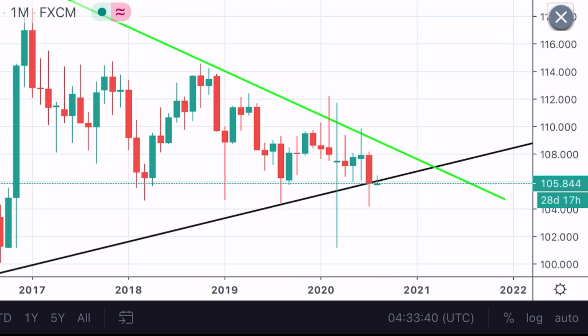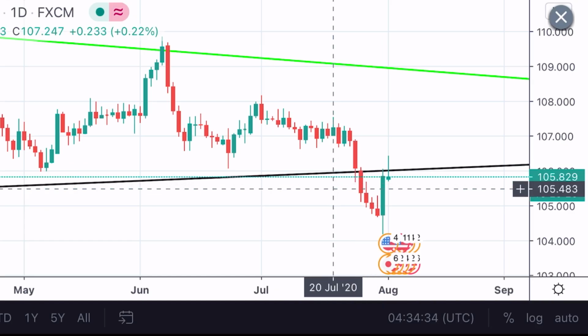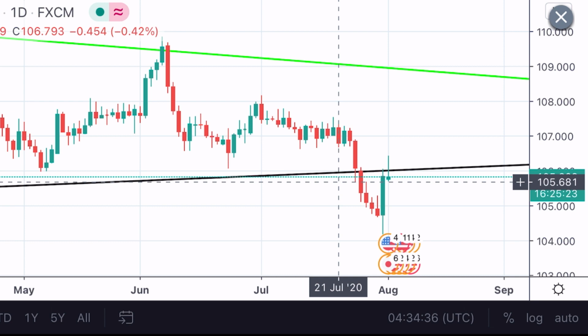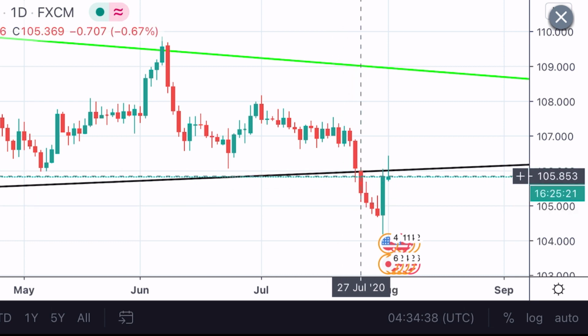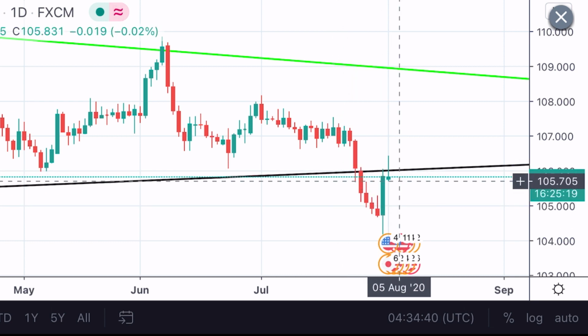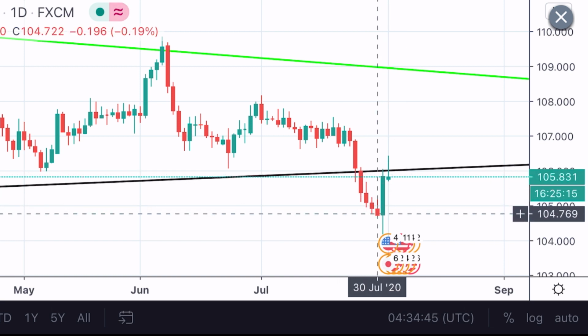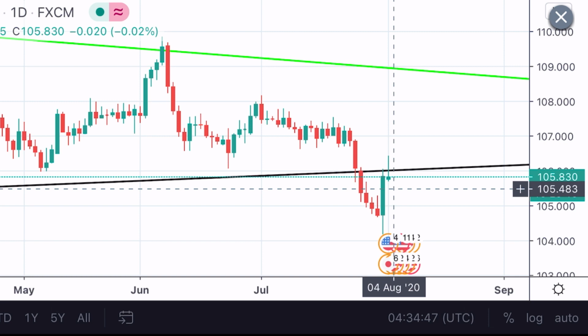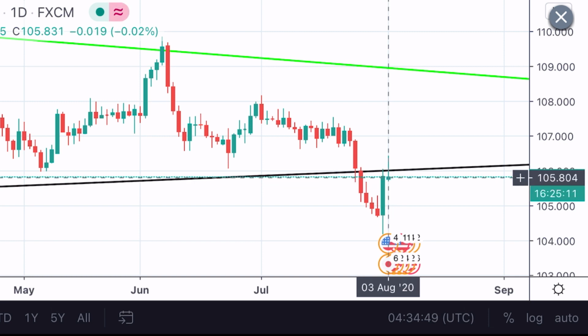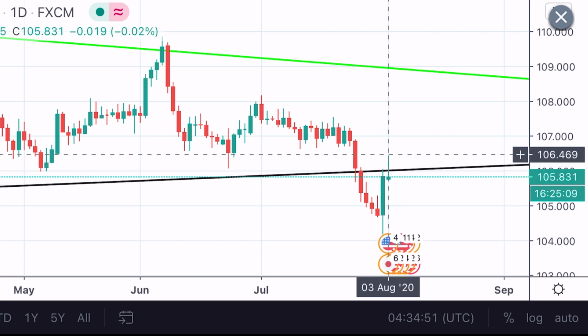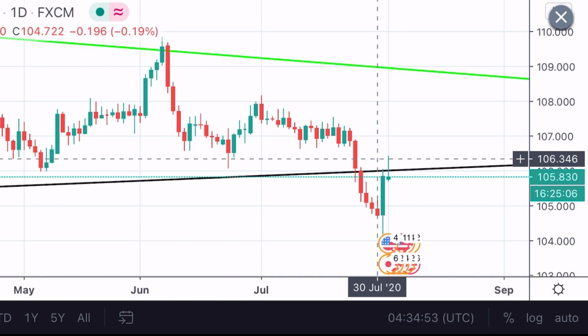The price kind of recovered, as you can see here, right? And now I want to take you to the daily time frame so you can get a clearer understanding of this chart. Alright guys, we're looking at this one on a daily time frame now. We have the breakout, and then this very strong bullish candlestick close on Friday, and today's Monday, and this candlestick is already showing that at some point we went back inside the consolidation period, or the correction, or whatever you want to call it, depending on which strategy you use, but it's the same thing.